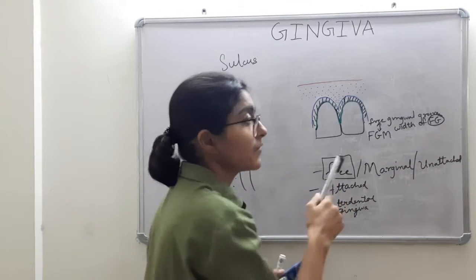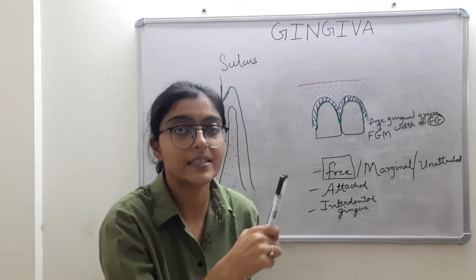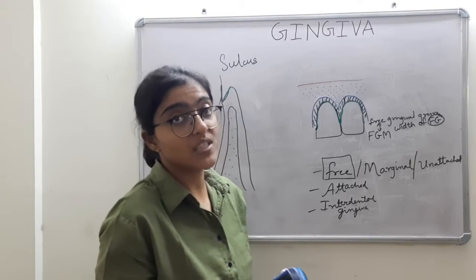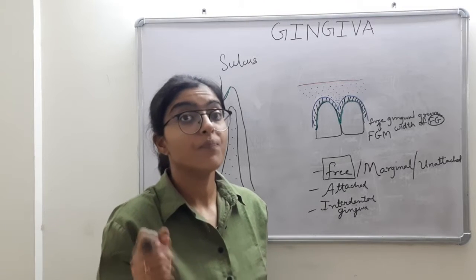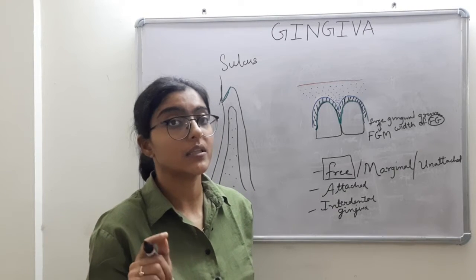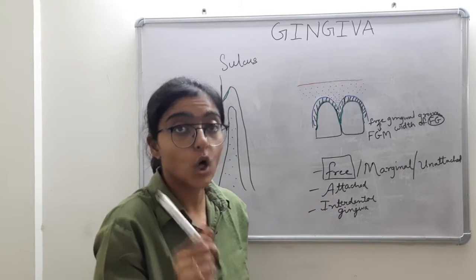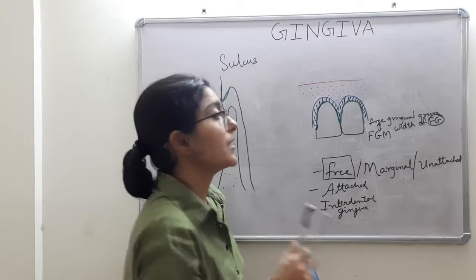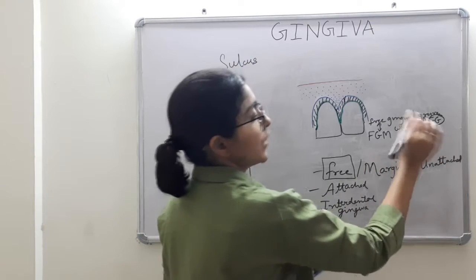Again, I am not talking about the width of attached gingiva, that is another entity. A separate video is available on assessment or measurement of width of attached gingiva and identification of the mucogingival junction. The links are available in the description box below. For now we are discussing the width of free gingiva. This width is usually up to 1 mm.